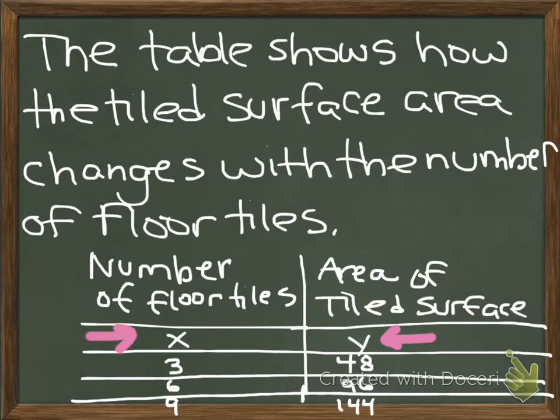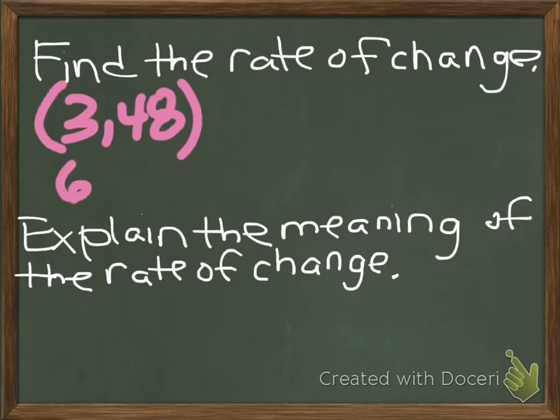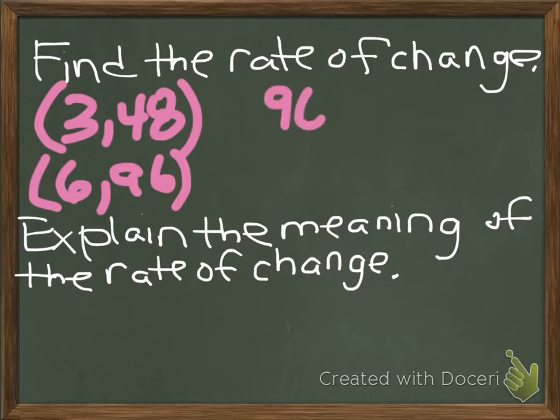So these are just ordered pairs, (3, 48), (6, 96), (9, 144). So if I'm going to find the rate of change, I'm just going to need 2 consecutive points, and I'm going to use the slope formula. So (3, 48) and (6, 96) can be our 2 points from the table. So I'm going to take the y's and subtract.